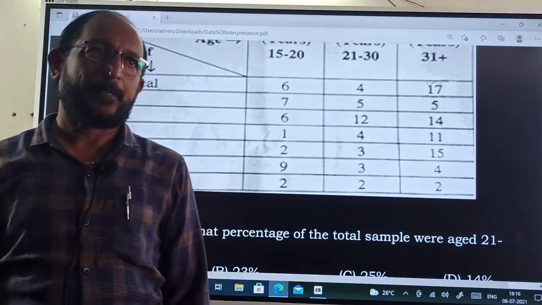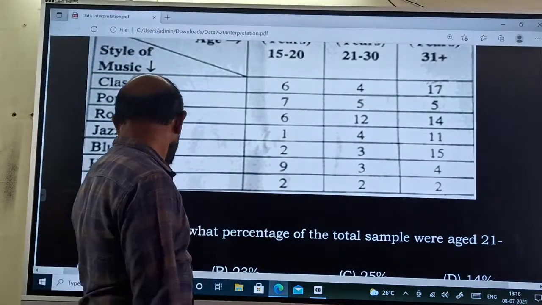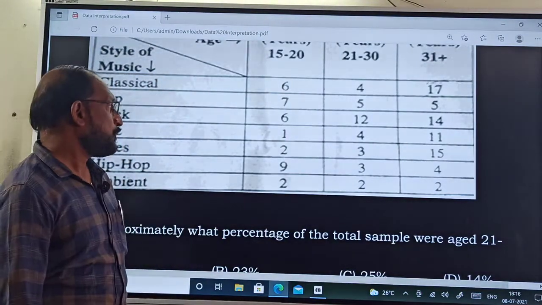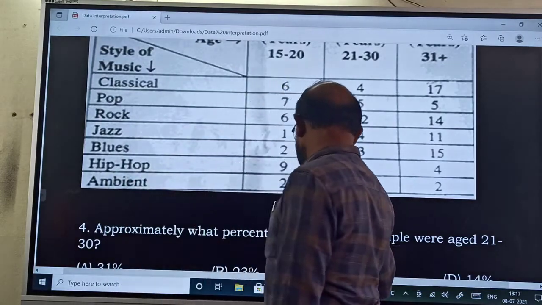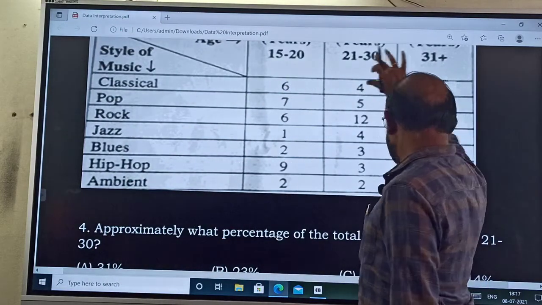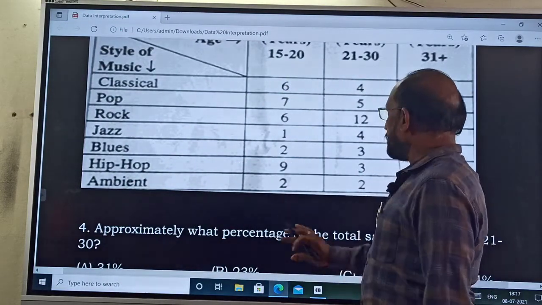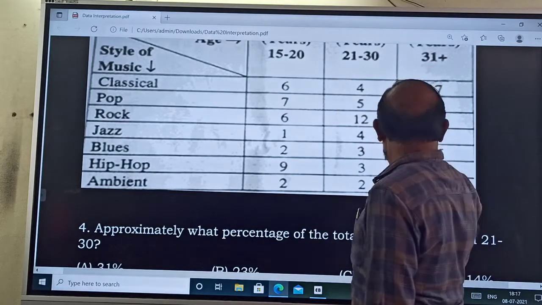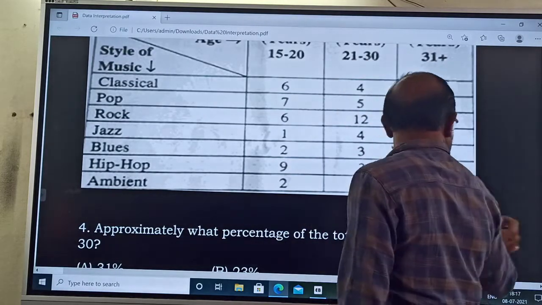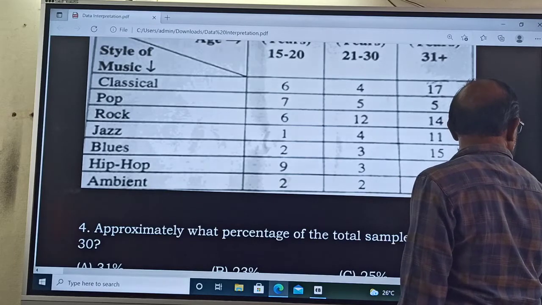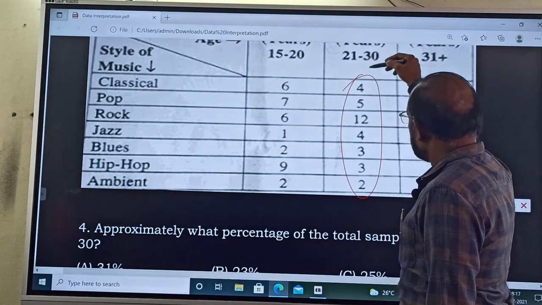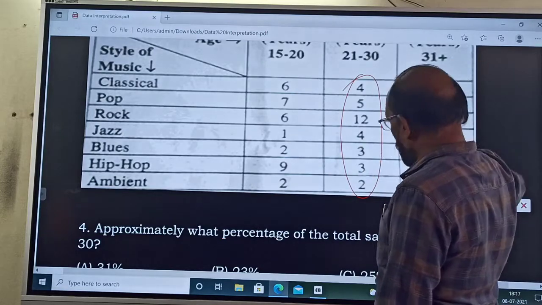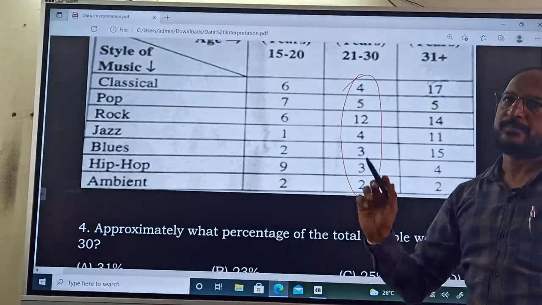6, 7, 13, 6, 19, 20, 29. Approximately what percentage of the total sample were aged 21 to 30? These are the people: 22, 22, 32, 36, 36. What is the percentage of this age group among all the students?